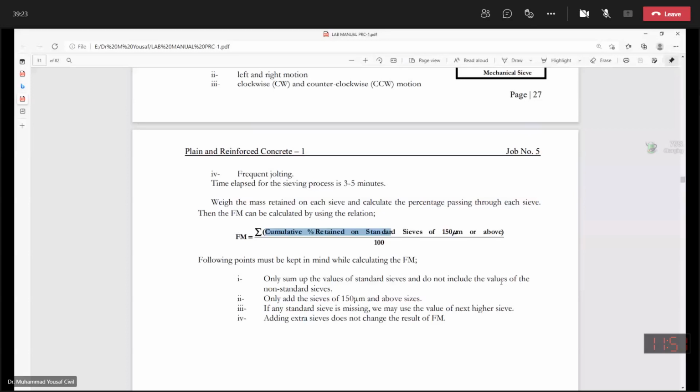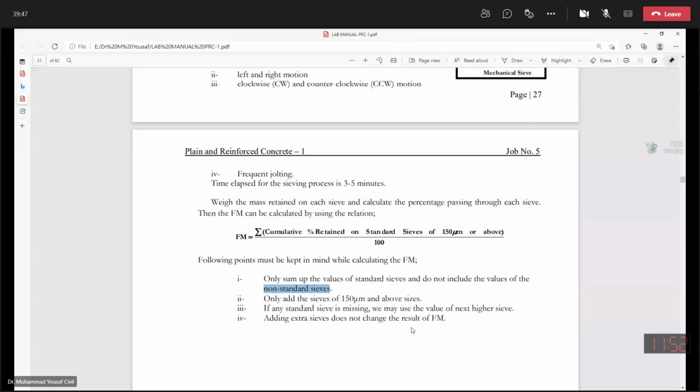At the sieve of 100 and above sizes, if any standard sieve is missing, we may use the next higher. Adding extra sieves does not change the value of the fineness modulus. I have told you, because this is related to material retained on sieve 100 and above, it will make no difference.